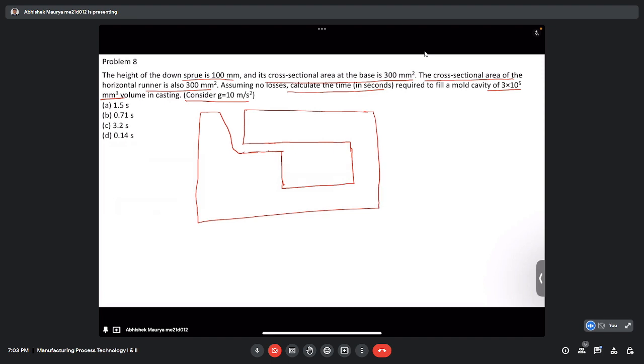So something like this. Now we are filling the molten metal from here.